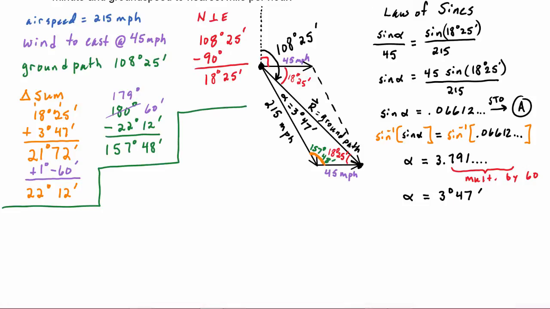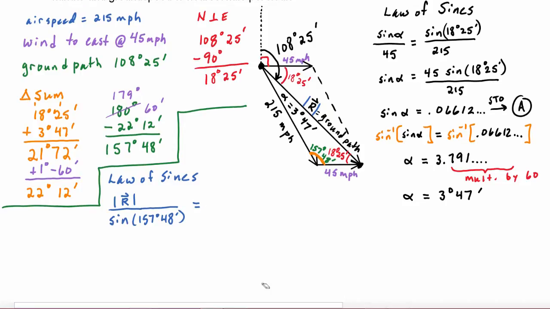So we can use law of sines here to say that the magnitude of r divided by the sine of its opposite angle, which is 157 degrees 48 minutes, is going to have to equal... We have a couple choices we can use for the other ratio.